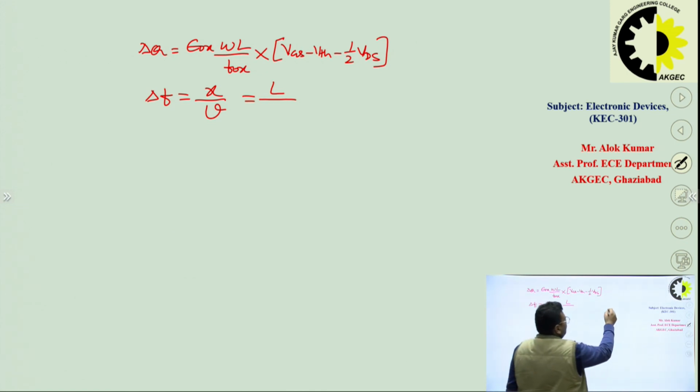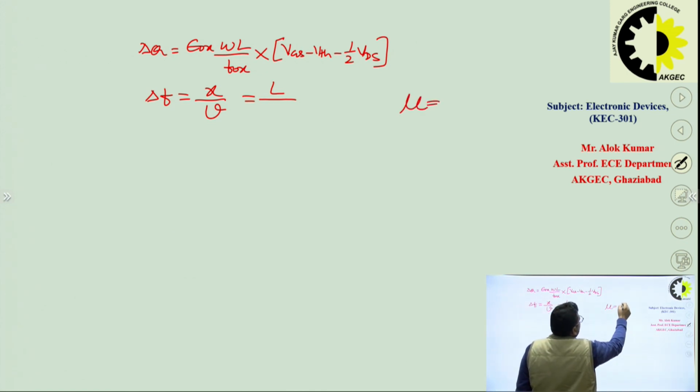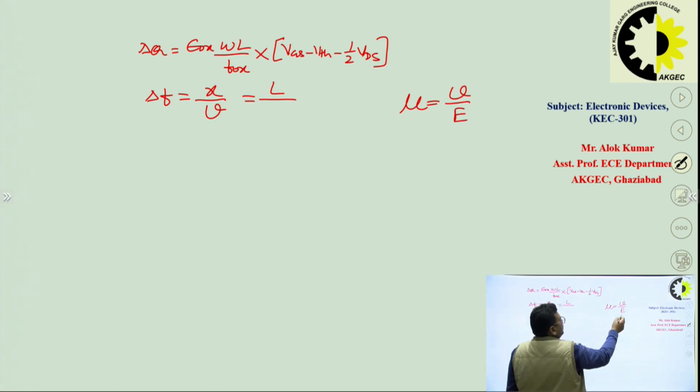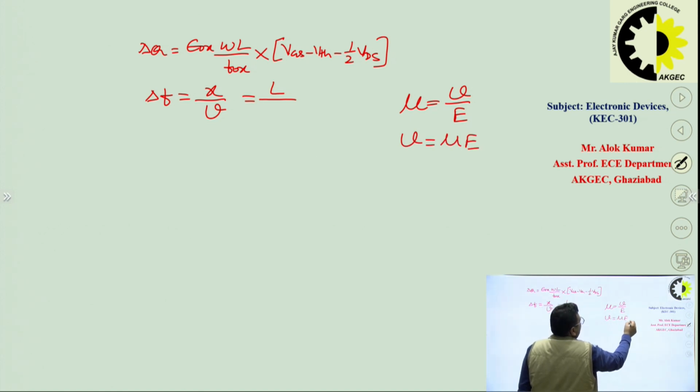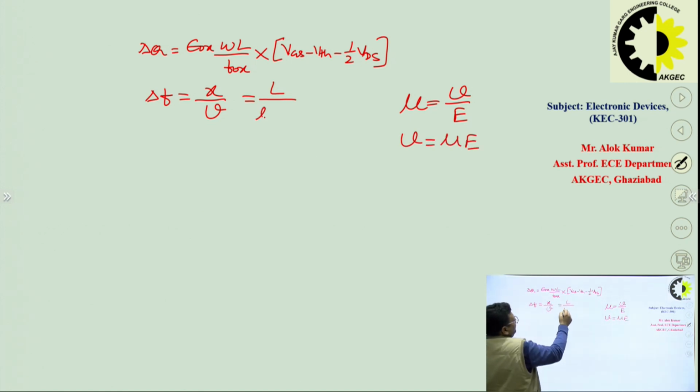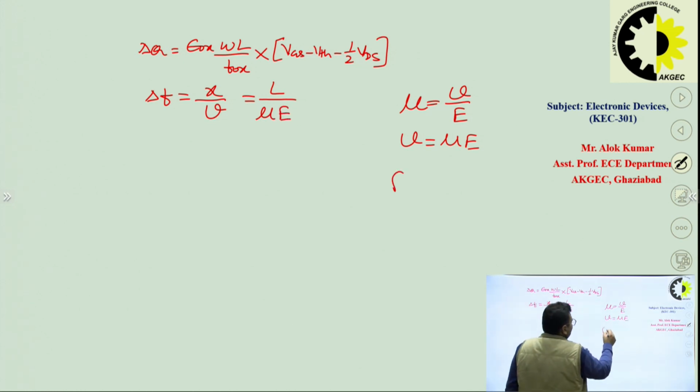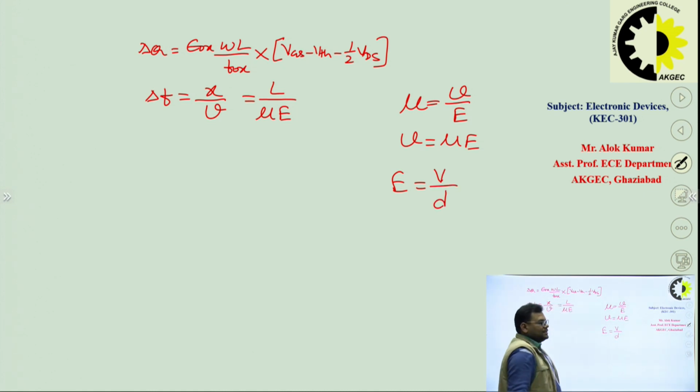As we know, mobility is nothing but the drift velocity per unit electric field, right? So here this v can be replaced by mu into E. Now again we know the electric field can be written as voltage divided by the distance, right?